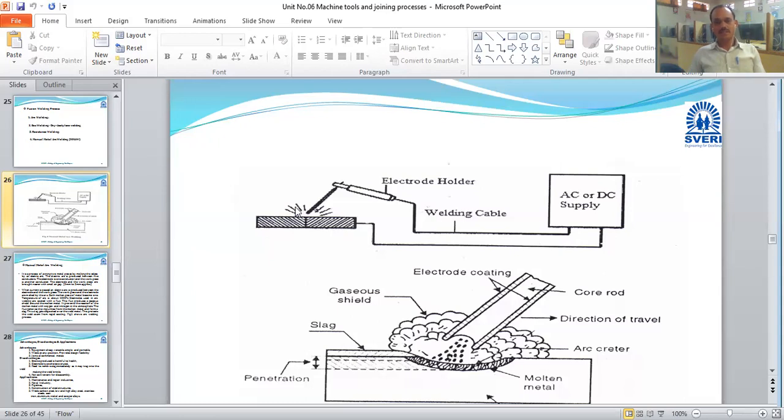After this, the flux covers the welding, and after completion of welding that flux is removed. So this is the general process of arc welding. Does anybody have any doubt in that?